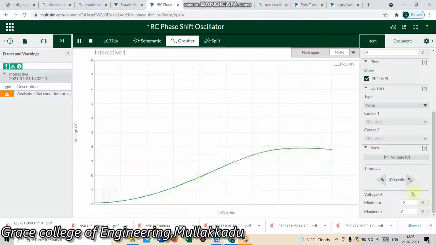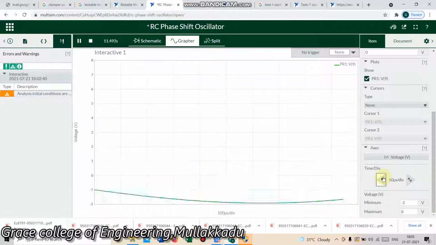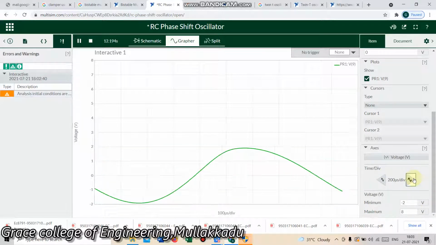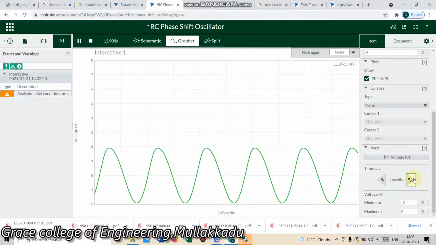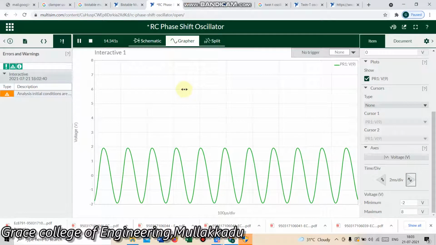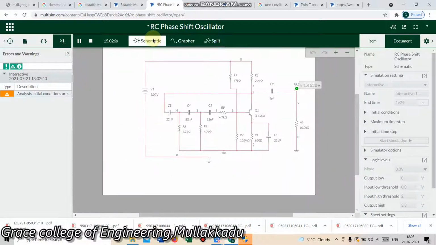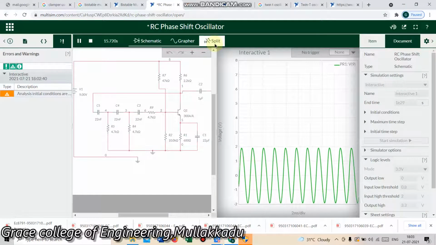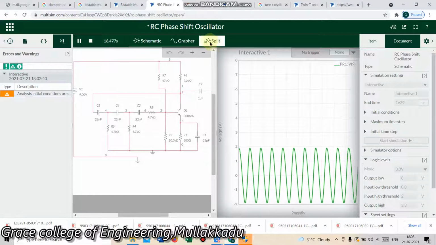Similarly, we can vary the time period and see how the waveforms look. See how the sine wave is generated using this RC phase shift oscillator. This is the output of the RC phase shift oscillator.